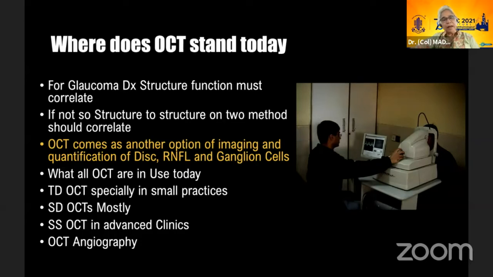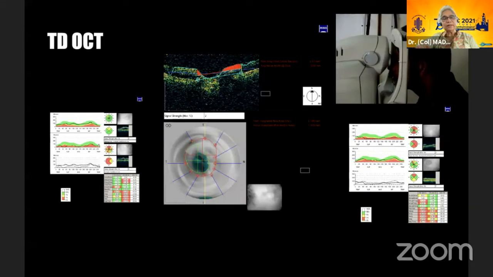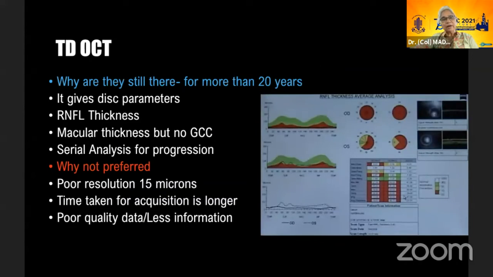So what all do we have in OCT today? Let's not forget TD-OCT, something that came first, then SD-OCTs, SS-OCTs, and OCT angiography. This is the first OCT, TD-OCT, which I used in 2002. And believe me, I've just been growing on OCTs from that time onwards. It's still not a useless device, because multiple small practices are using it.